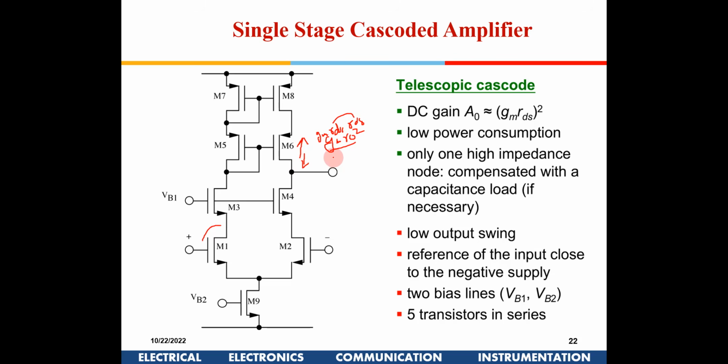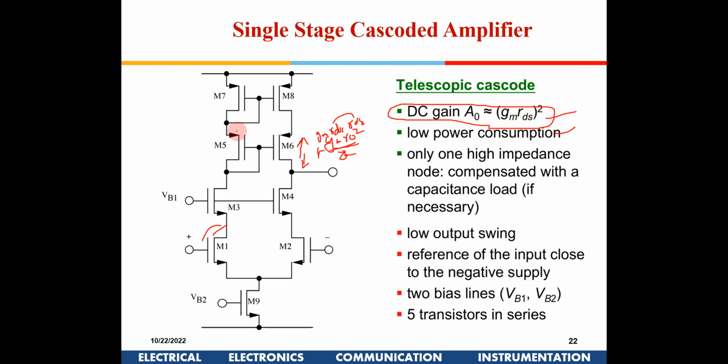Seeing into the bottom also, it will be the same, so it will be gm ro square by 2, and then this has a gm, one more gm, so that gm will also come here. But since this is a current mirror, it will be just gm ro square. This we saw in our previous classes also. So this is the advantage.